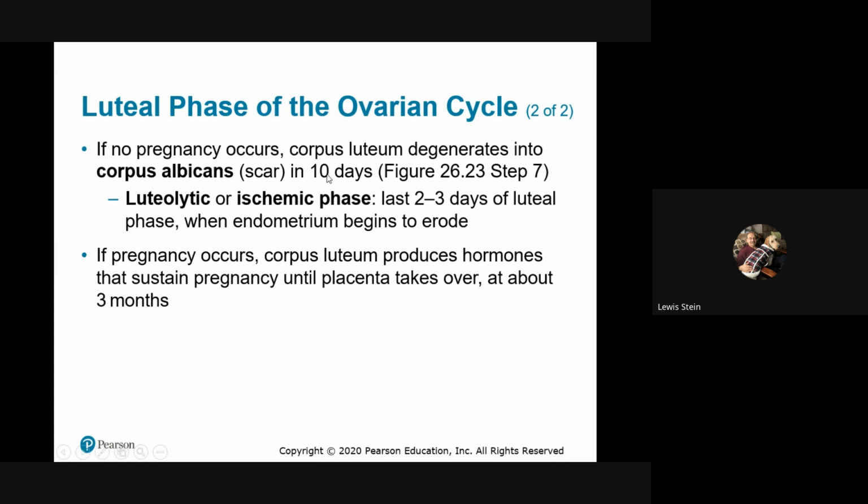At that point, after 10 days, in the absence of implantation, what happens is, once it's implanted, the uterus sends a chemical messenger to the ovary and says, we've had implantation, corpus luteum, keep busy until we build a placenta, about 3 months.